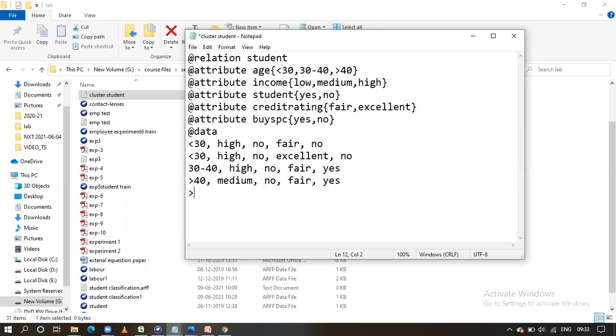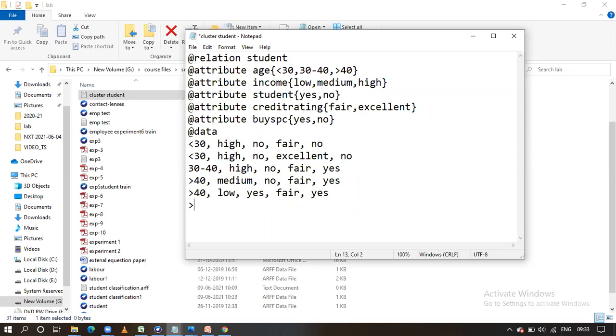Then greater than 40, low, yes, fair, and yes. That is the fifth person's data.